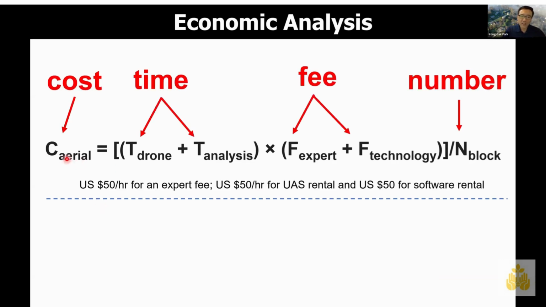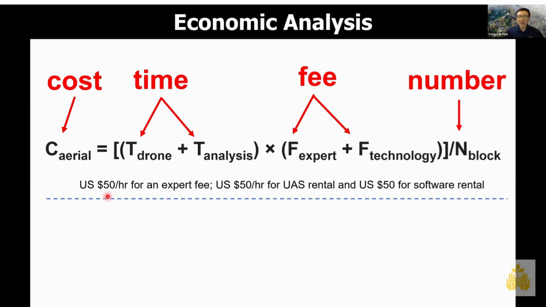The area survey cost includes flying time and image analysis time, and there are experts who can fly the drone and who can do image analysis. At the same time, you have to have a drone too, right? So we call that the technology fee. Then it's divided by the number of blocks, so this cost is per block.